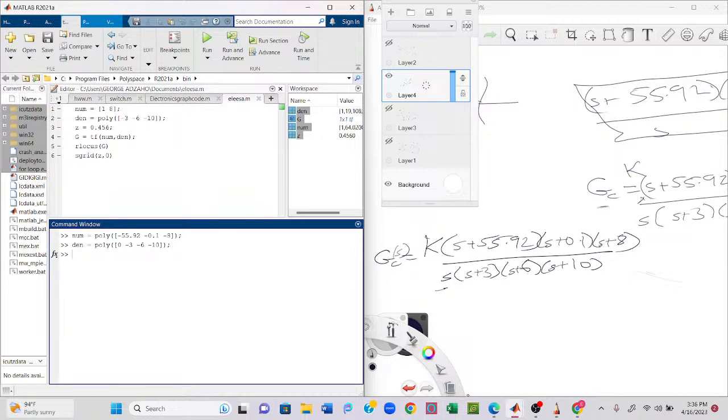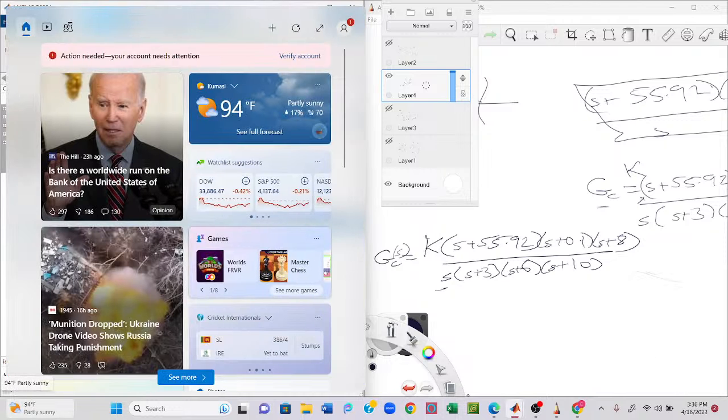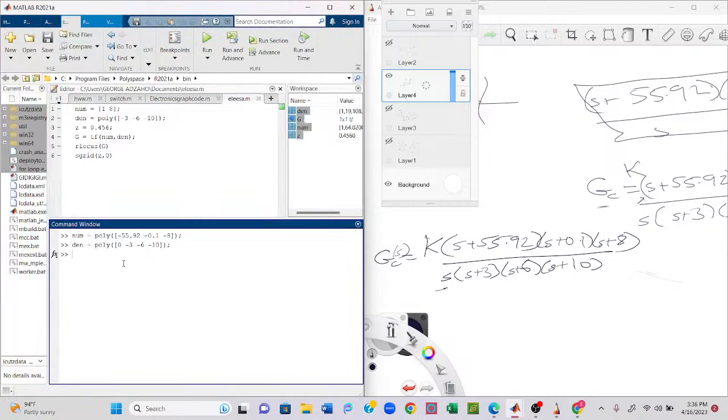Now the rest is the same. Then plot the root locus of the compensated system.